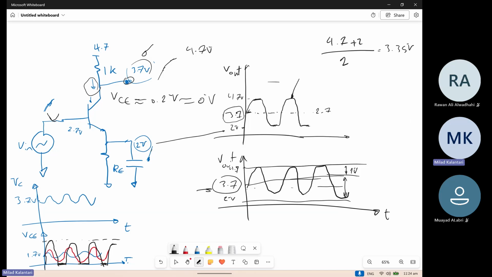So it is better to increase this RC value. Once you are designing, initially this voltage drops a little bit more to this value so that you have more symmetrical swing, right? You will distort the signal less than what currently is, right?